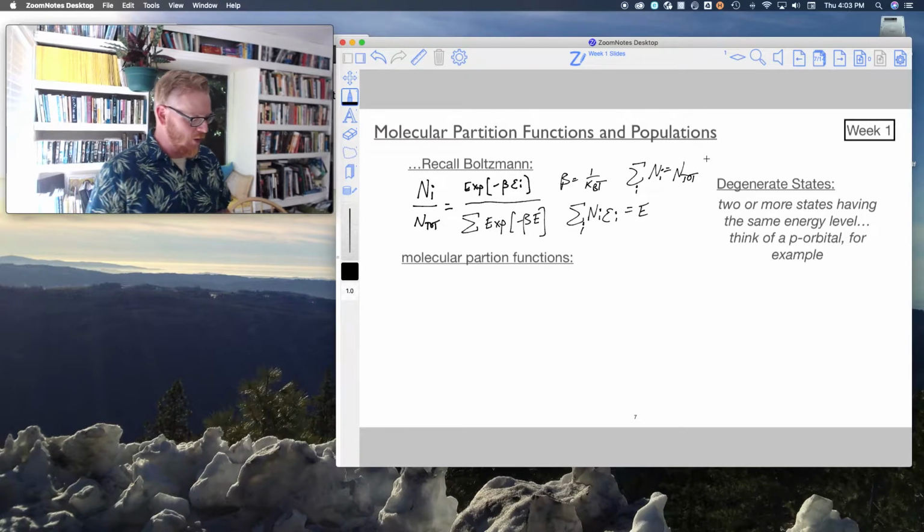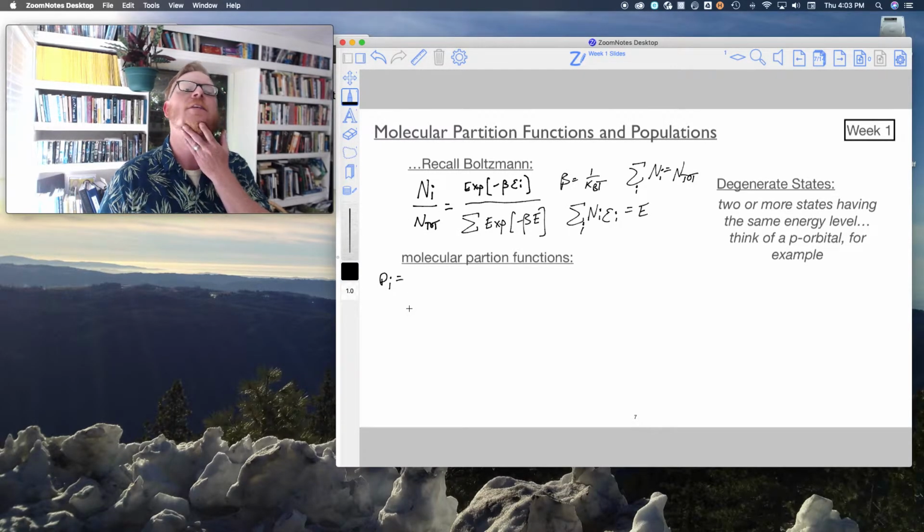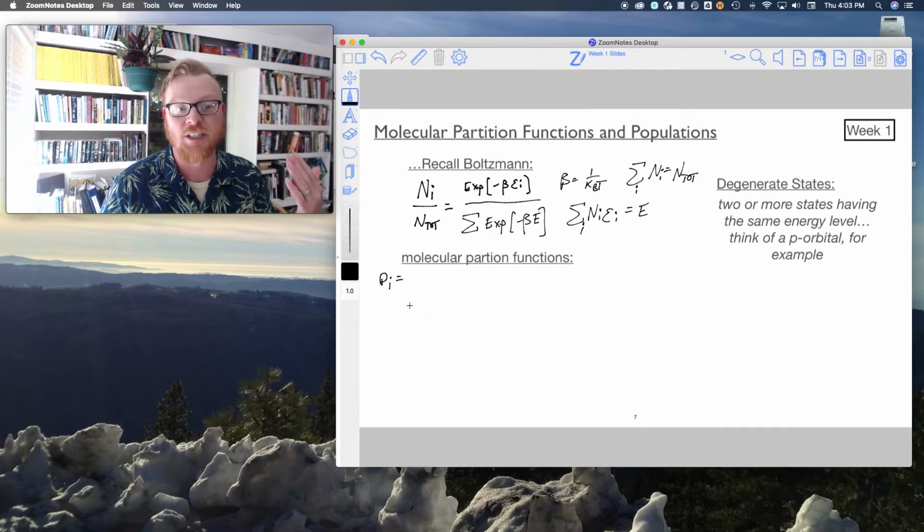Now I'm going to write here the molecular partition function, which is based off of this Boltzmann distribution. I'm going to write that as little p sub i. This p_i is the fractional population of state i. So it's basically the same thing as this, or really you could think of it as a decimal percentage, if you will.